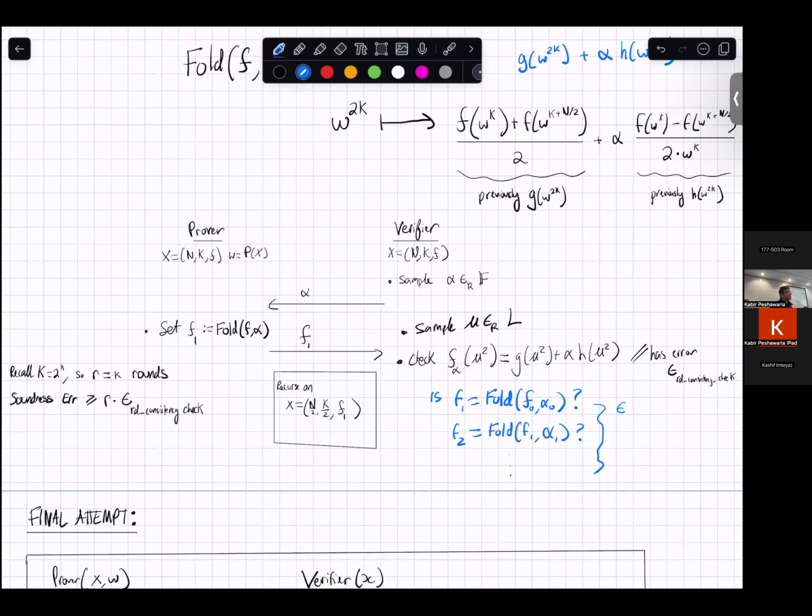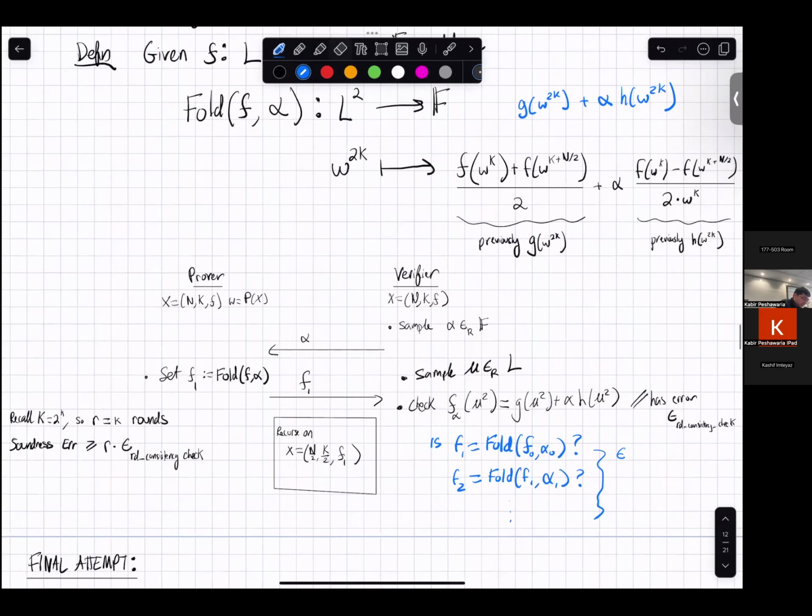Can you further explain the verifier check this? Because the prover just sends F1, and then the verifier is looking at the F alpha, G, and H. Oh, shoot. That's my fault. That should just be F1. Okay. And then is it computing G and H?